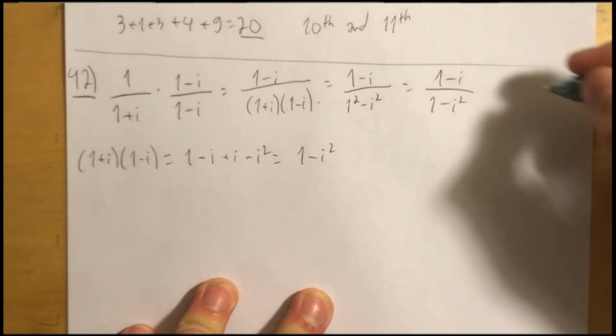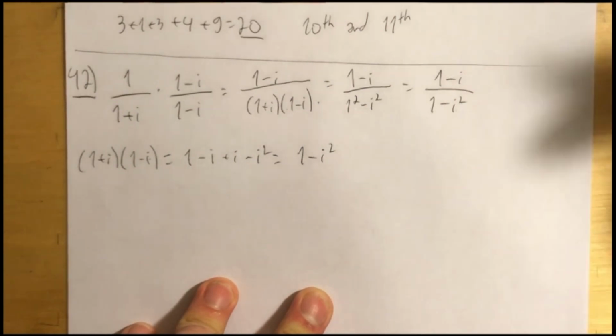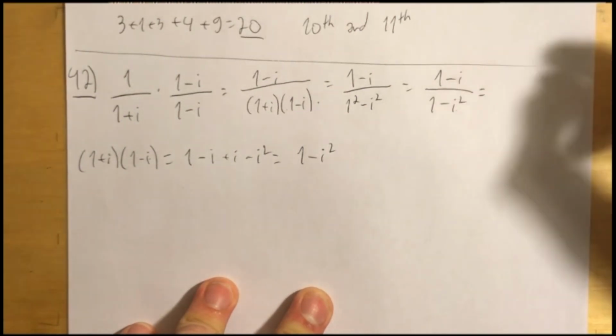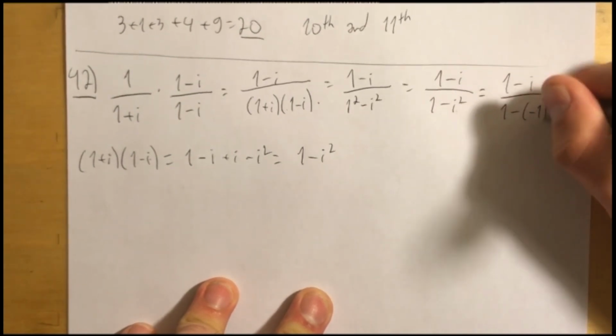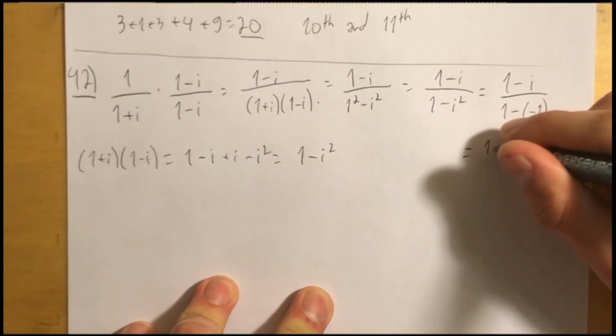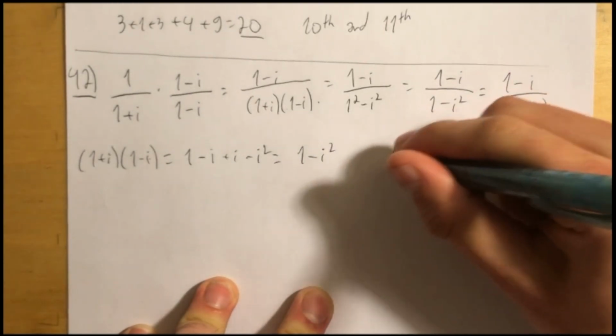Okay? So from here, we know that i squared is -1. So this will be 1 minus i over 1 minus -1, which is 1 minus i over 2. So then that is option J.